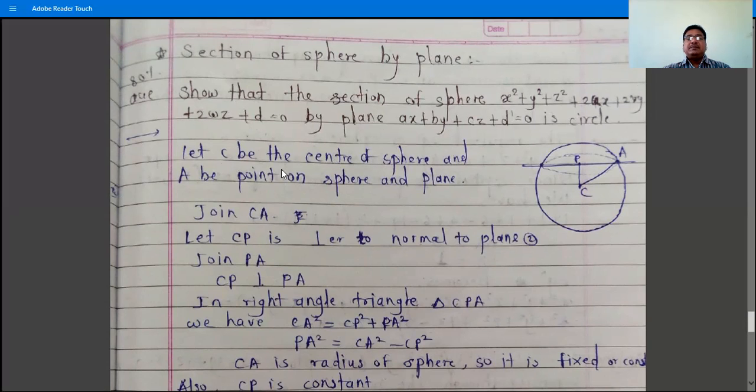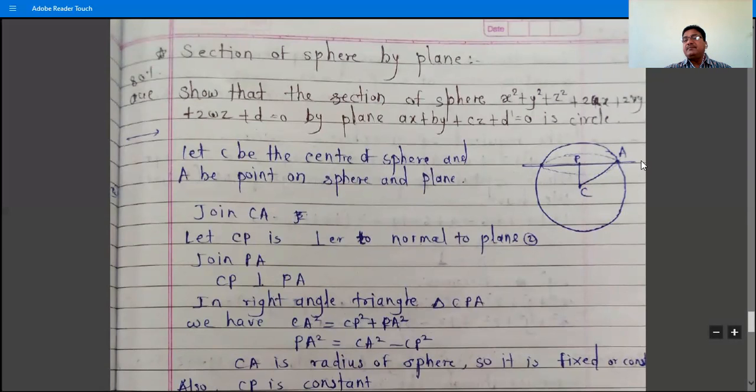So let C be the center of the sphere and A be any point on the sphere and plane. A is the point on the sphere as well as the plane. That is the point of intersection.